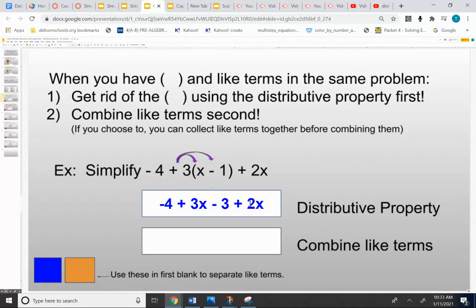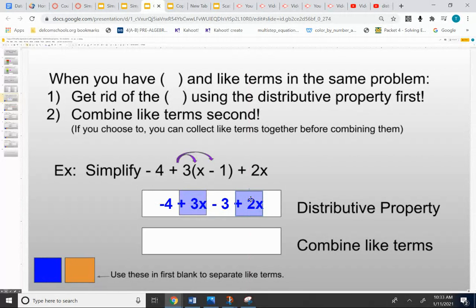Now I'm going to combine like terms. You don't have to do it with the color codes like I do, but I think it helps. I'm just going to take the 3x and the 2x. Since they're like terms, I'm going to cover them up in the same color so I can see it better. So I have a positive 3x and a positive 2x. Notice I'm keeping the sign in front of them.